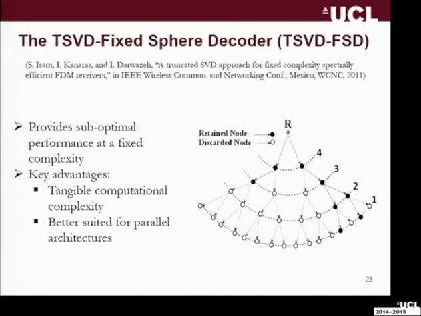Degradation in bit error rate performance, yeah? Because what you're saying is, I'm going to choose the best 2 nodes, but that's not necessarily going to take you onto the best path, because you're no longer examining complete solutions all the way to the end. You're examining the best solutions at each level, which may mean that at one level you may choose a node that will not eventually lead to the optimal solution, but it will lead to a suboptimal solution.